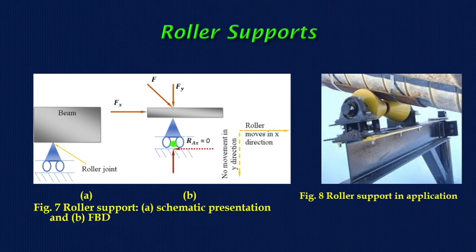Now definitely, to have the reaction, the action force is required. Means a component Fy must be present. The two components of this force F are Fy and Fx. If F is not present, then there is no question of this reaction. Now, if horizontal force Fx is there, still no horizontal component of reaction, as under the action of this force, the beam can move in the x direction. So this is the roller support.